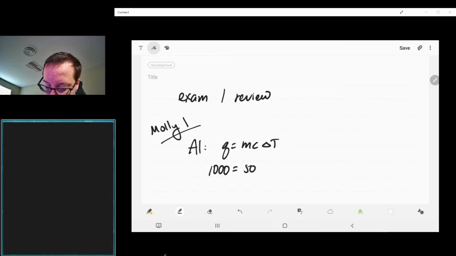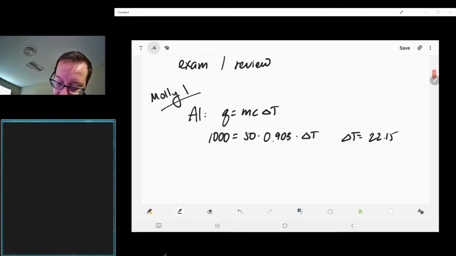So it's going to be 50 times 0.903 times delta T. Therefore, delta T will equal, once we solve this with our friend Google, 1,000 divided by 50 divided by 0.903, we get 22.15, let's say.